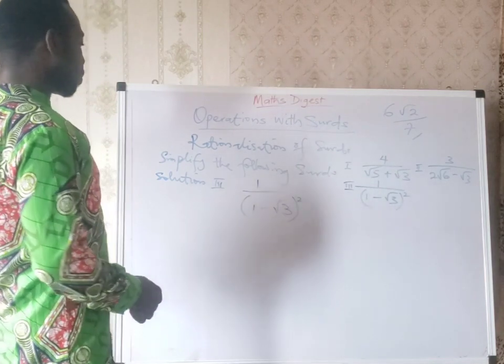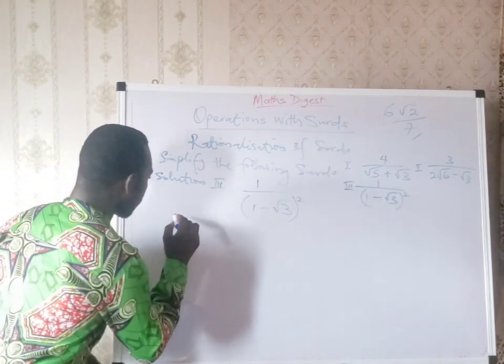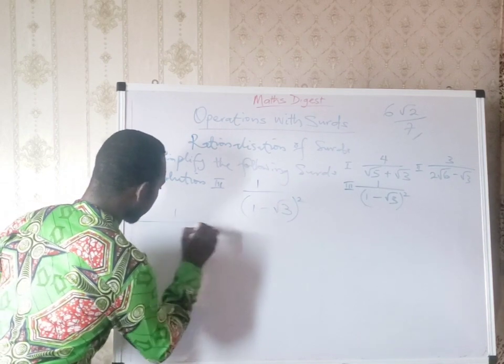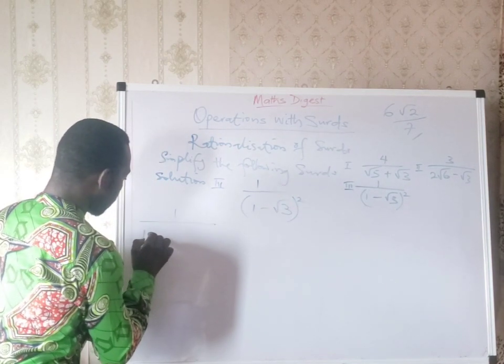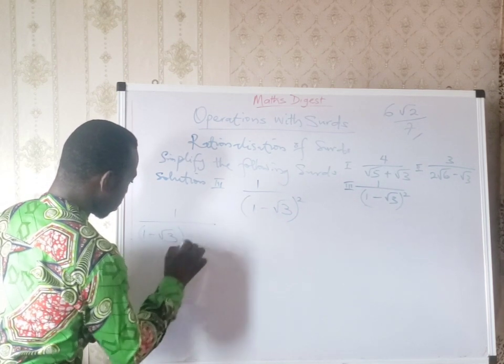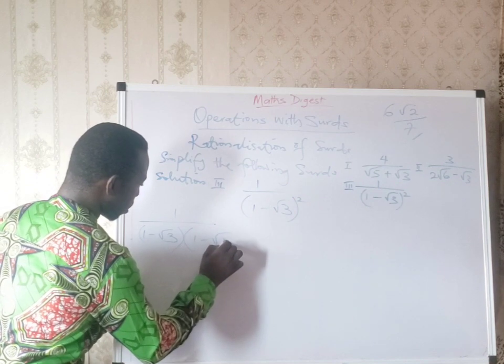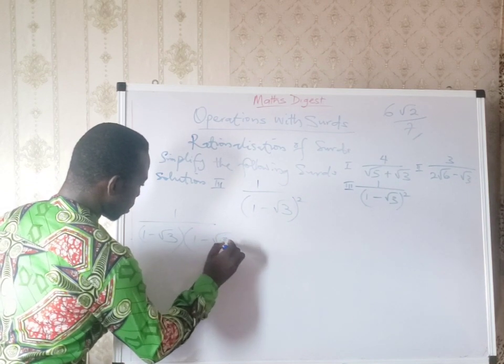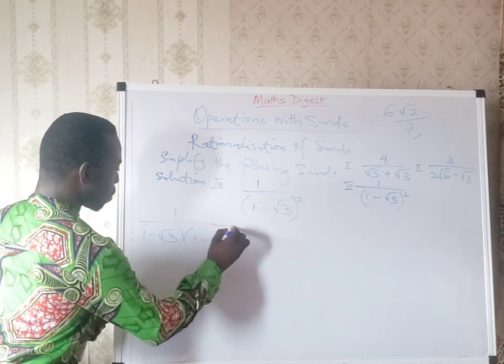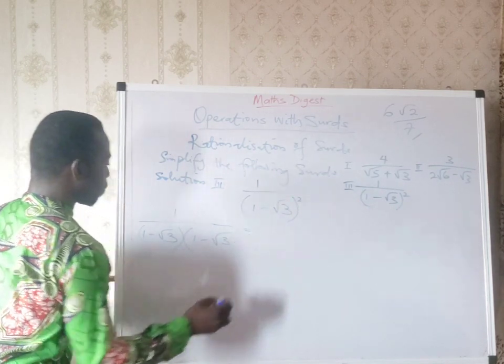Okay. Now, what you do to it, you say 1 over 1 minus root 3, 1 minus root 3. That is, you represent it in 2 different places, okay? Now, from here, you can say equal to.